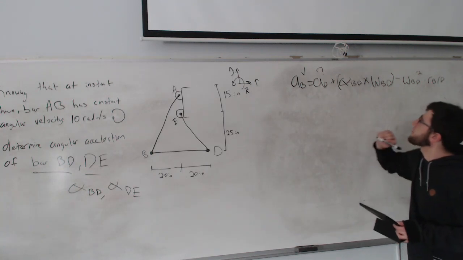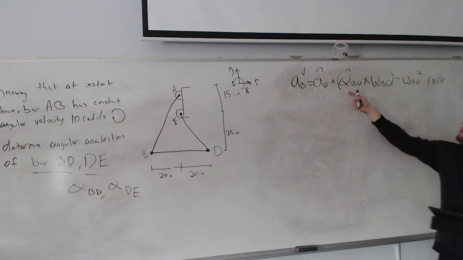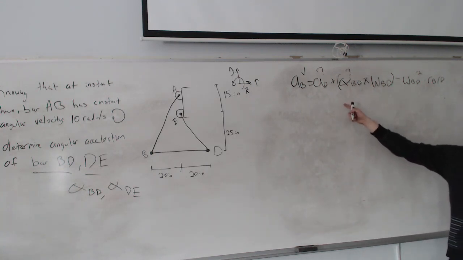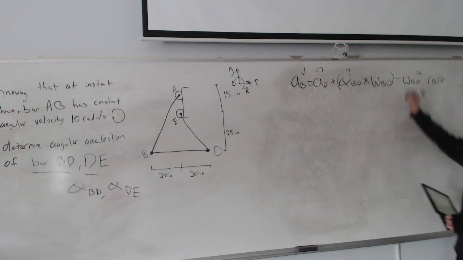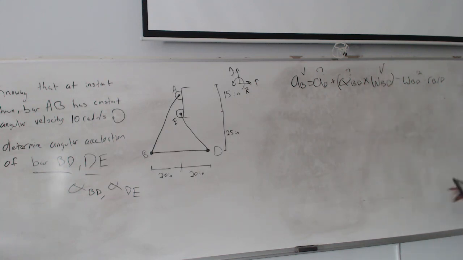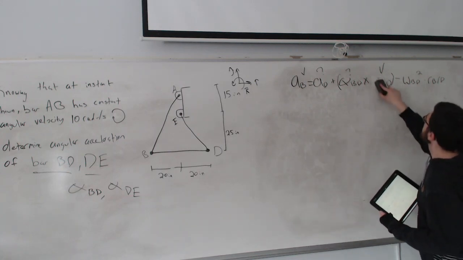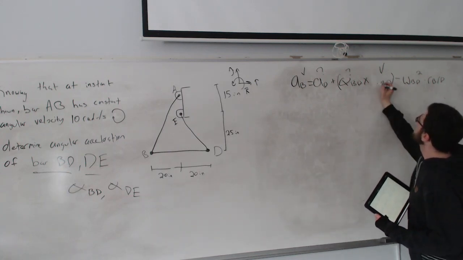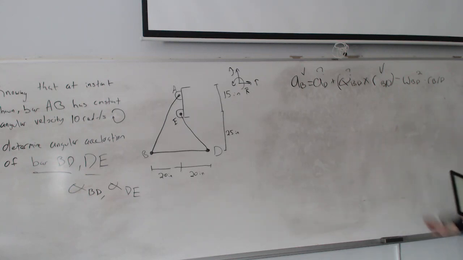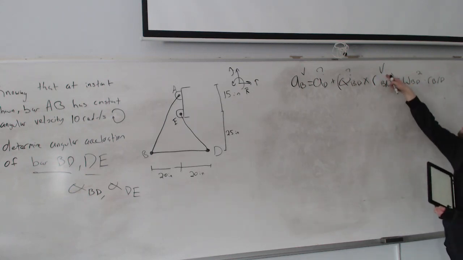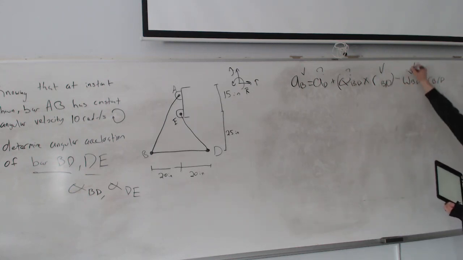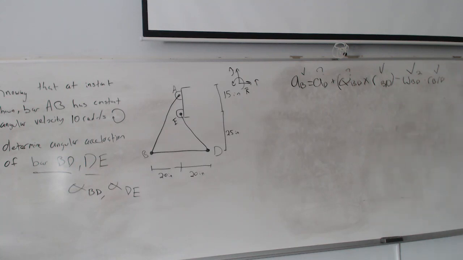Still don't have acceleration of D. Acceleration of BD is the whole point of the problem, so that's okay not to know. I found that, oh wait, that's a typo. But still, I have that. Any questions?